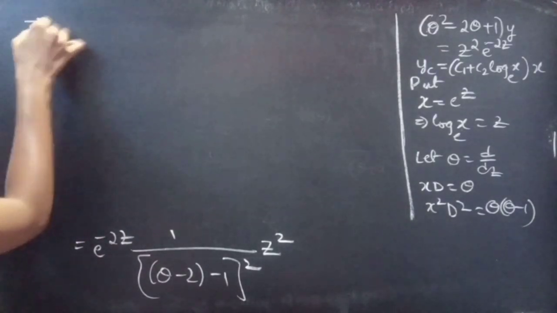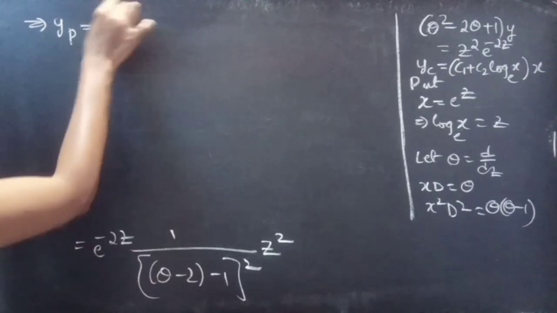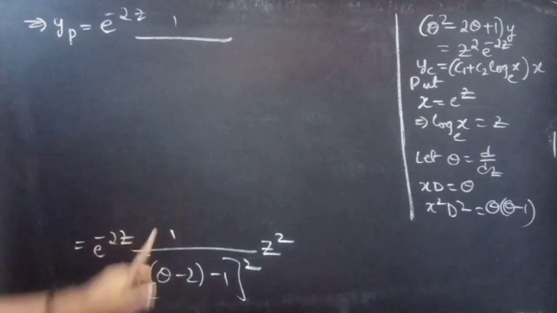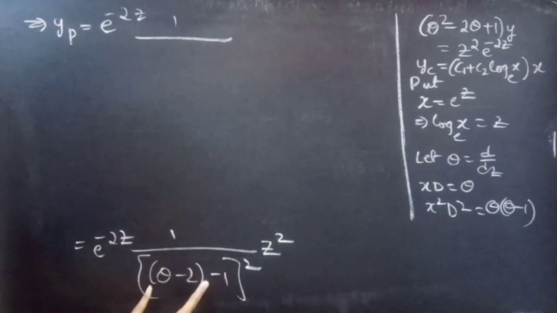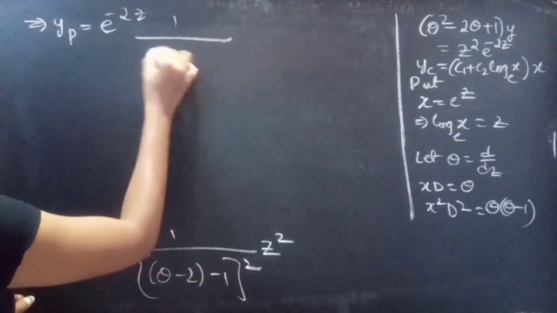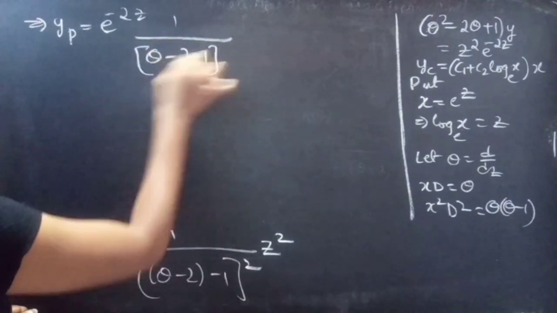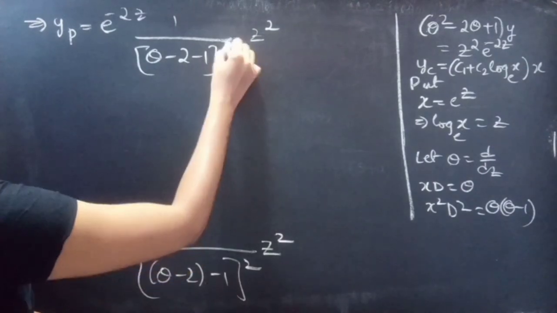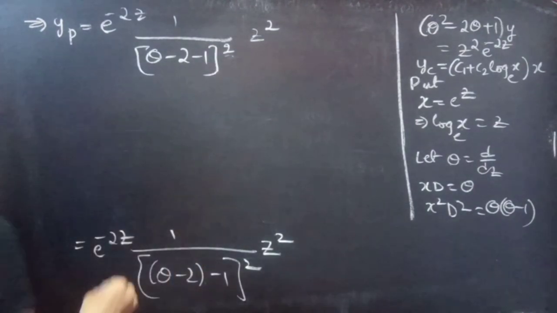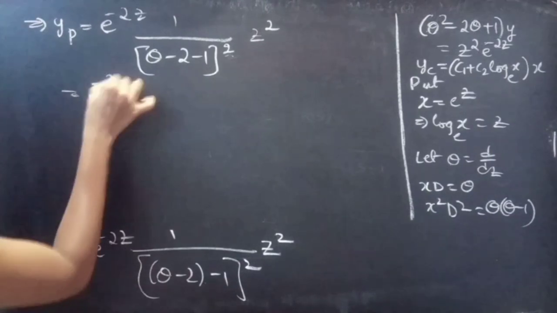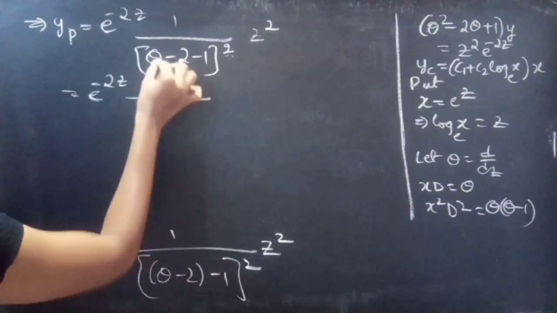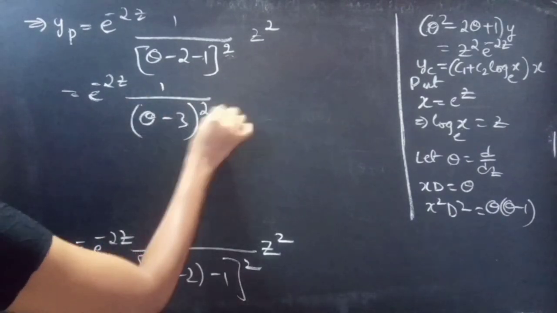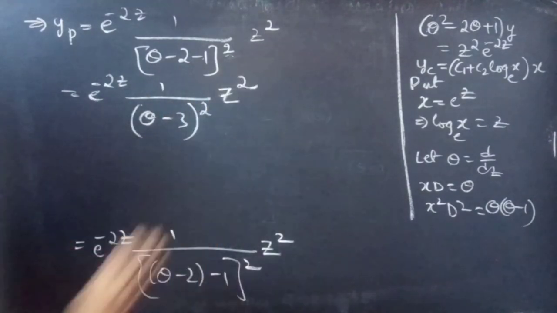Yp becomes e power minus 2z into 1 by, just remove these brackets, we'll get theta minus 2 minus 1 whole square into z square. Okay, this is equal to e power minus 2z into 1 by theta minus 2 minus 1, which is minus 3, whole square into z square.